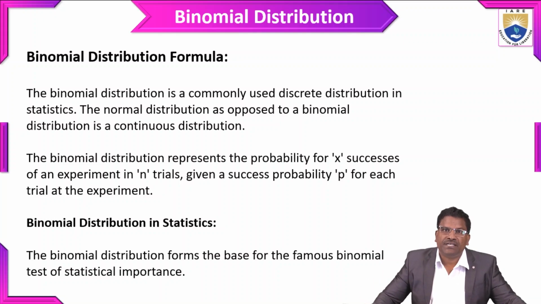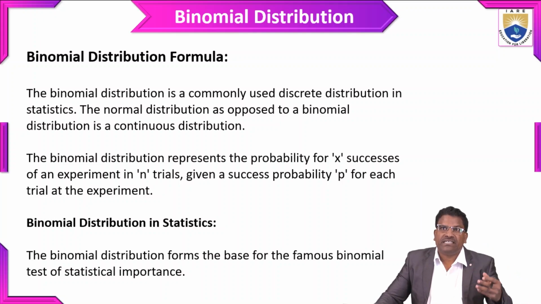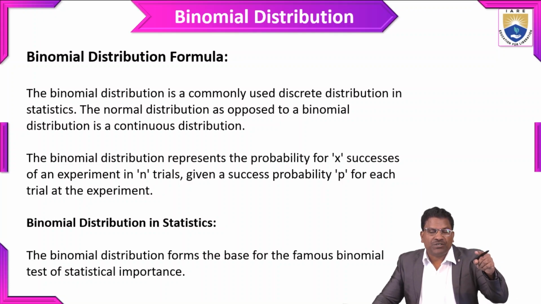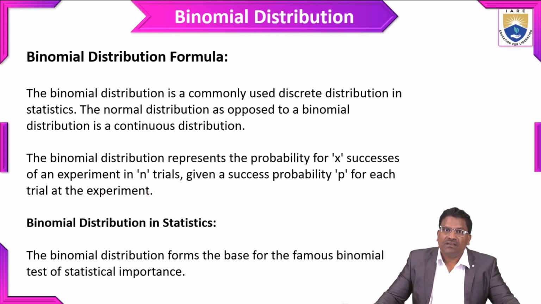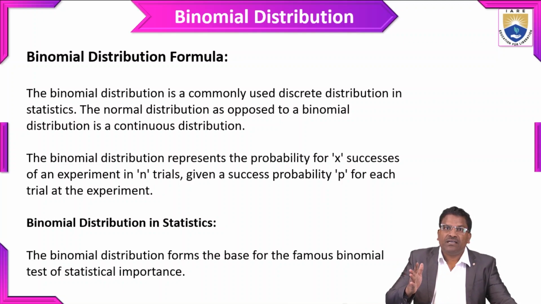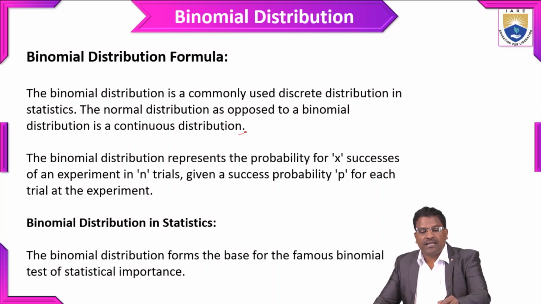The binomial distribution is a commonly used discrete distribution in statistics. The normal distribution, as opposed to the binomial distribution, is a continuous distribution. So the binomial distribution is defined for discrete random variables, whereas the normal distribution is defined for continuous random variables.